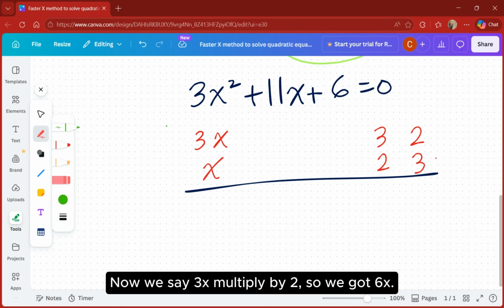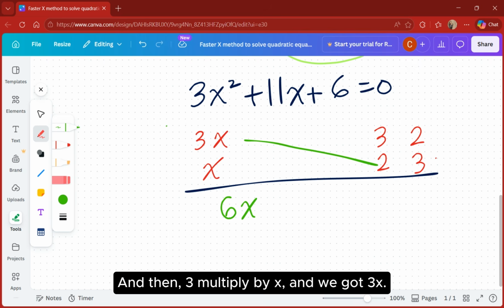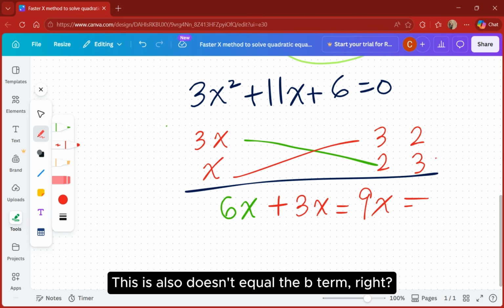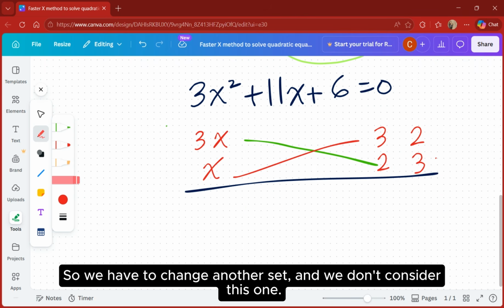Now we say 3x multiplied by 2, so we got 6x. And then 3 multiplied by x, we got 3x. So you see, this is 9x. This also doesn't equal the b term, right? So we have to change to another set. We don't consider this one.